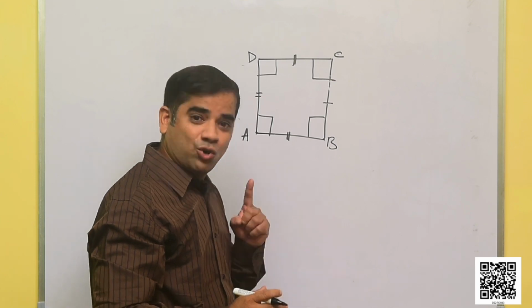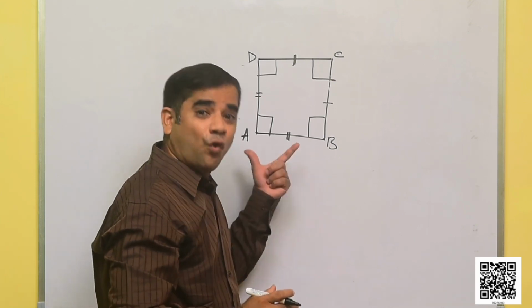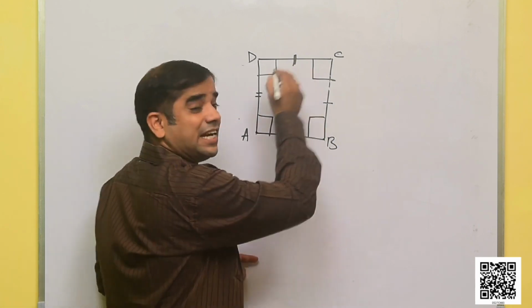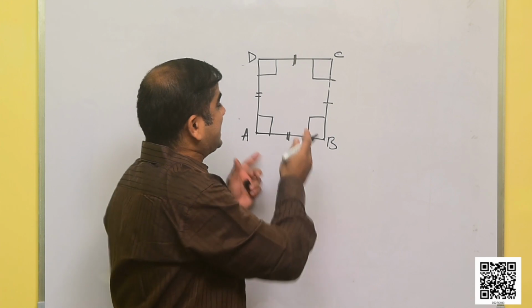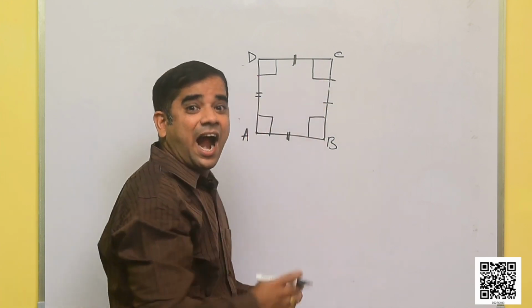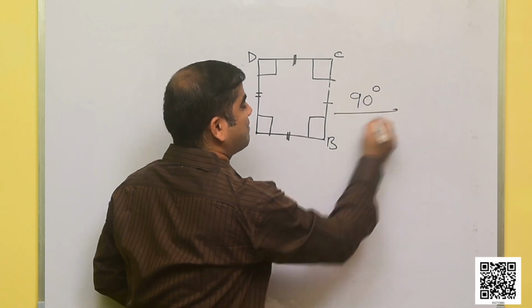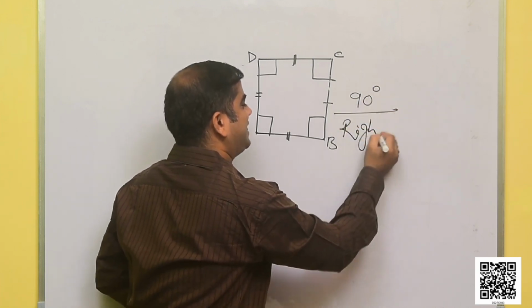First of all, it is an enclosed surface having 4 sides. Each side has the same length, and as it is an enclosed surface, it is creating 4 angles and each angle has a value of 90 degrees, which is nothing but a right angle.